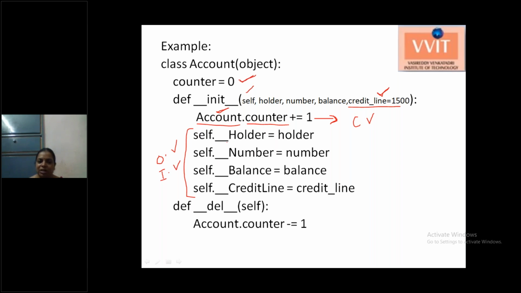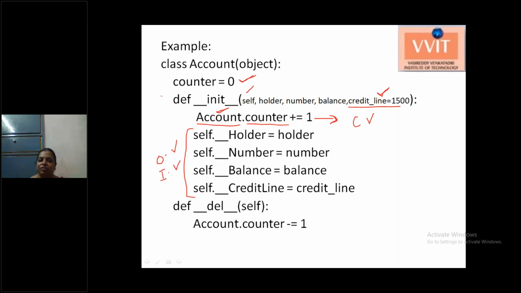Here we are giving 2 underscore symbols for each variable, which means these are all private variables: holder, number, balance, credit line. These are assigned with our parameters, so whatever parameters are passed to this constructor are assigned to the instance variables.